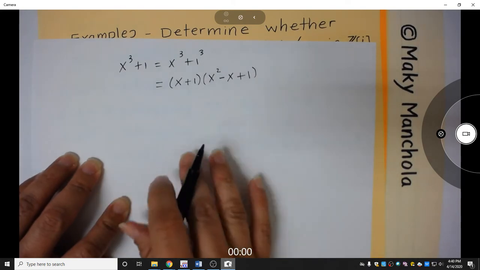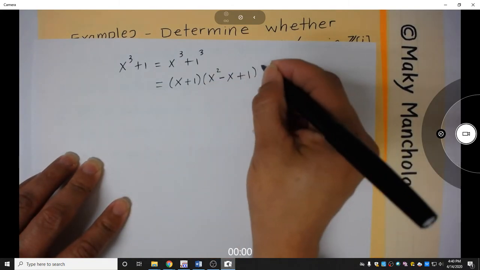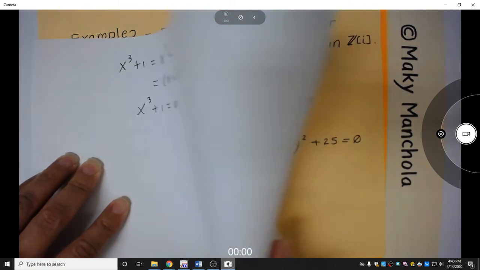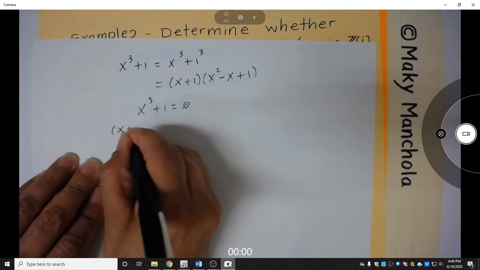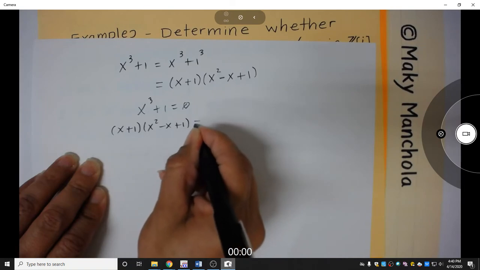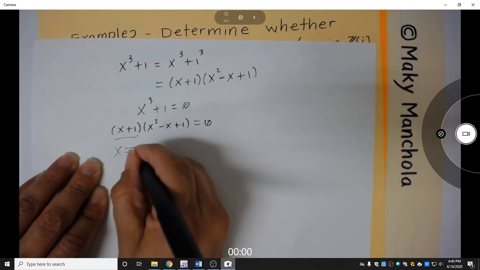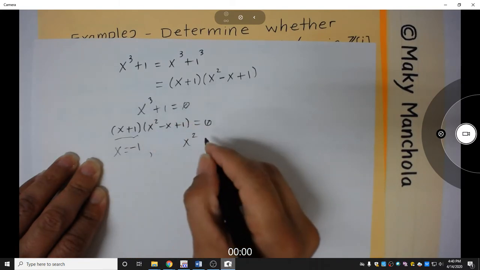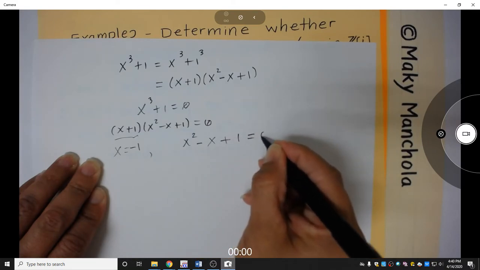So if you have x cubed plus 1 equals 0, as is our equation, then that is the same as saying x plus 1 times x squared minus x plus 1 equals 0. One of our solutions is -1. Our remaining solutions come from x squared minus x plus 1 equals 0.